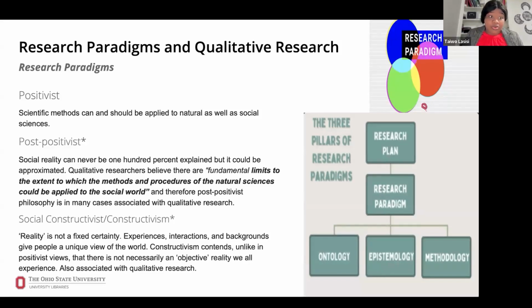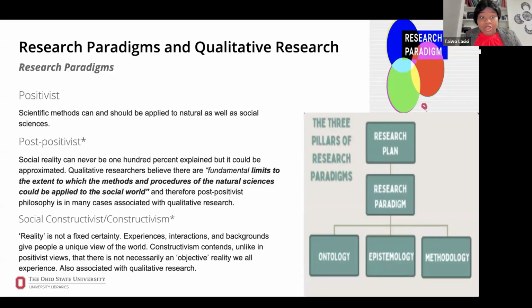Here is another group, the post-positivists. They're saying that we agree natural science, quantitative research, can help us explain a lot of phenomena, but it cannot help us explain 100% of our world. Oh my God, our world is so complicated.